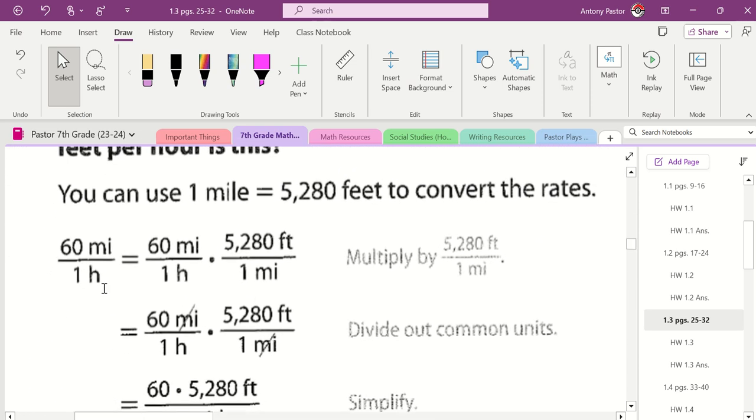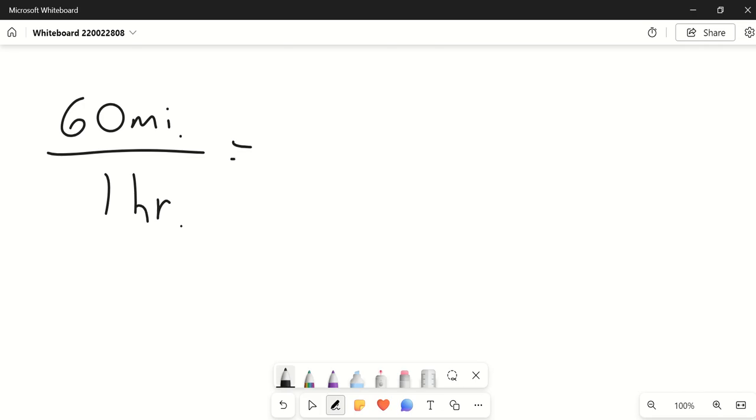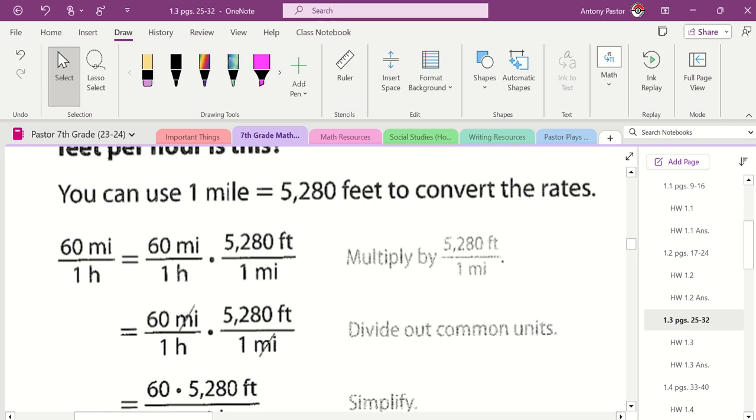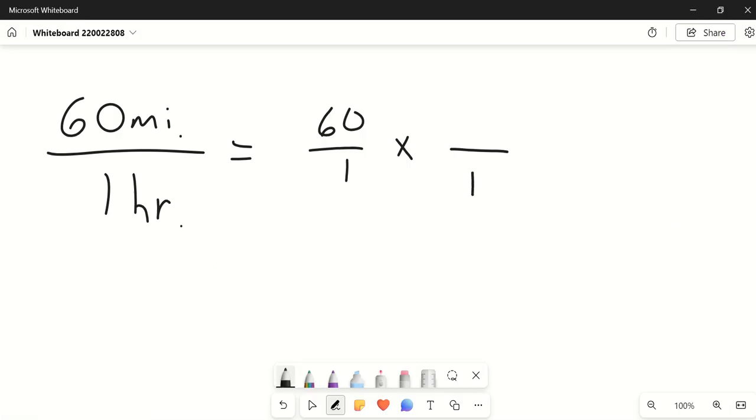So I would write this as 60 over 1 times, and again, we want to know what 1 mile is. The mile is down here, again 1 mile, and it would be 5,280 feet. This is per second, this is also miles, but again, we're going to ignore these.